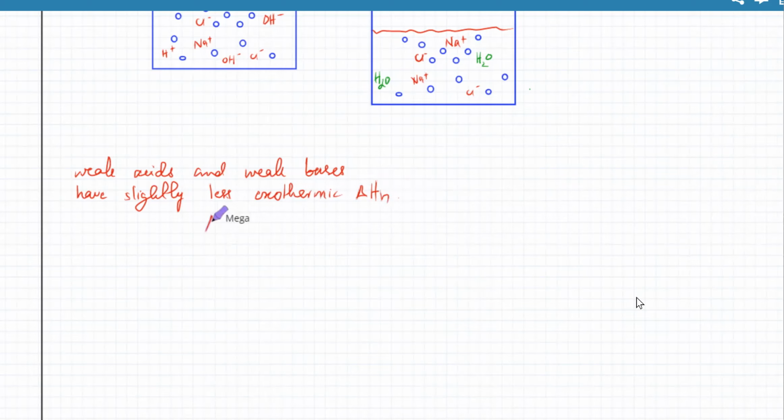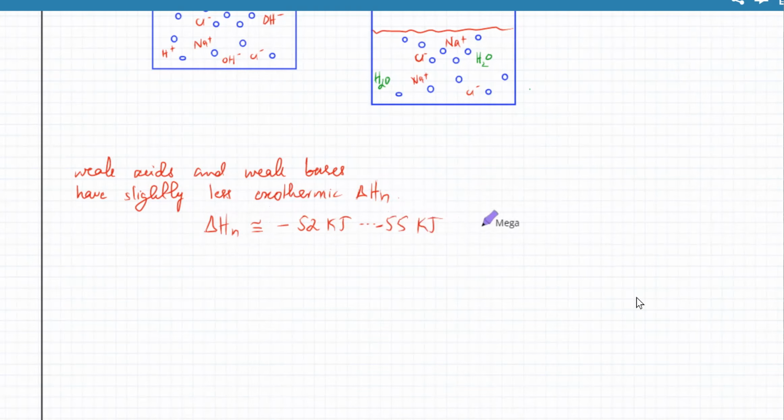That means the delta HN would be around minus 53 kilojoules. It could be minus 52 also. So minus 52 or minus 55 kilojoules per mole, not minus 57.